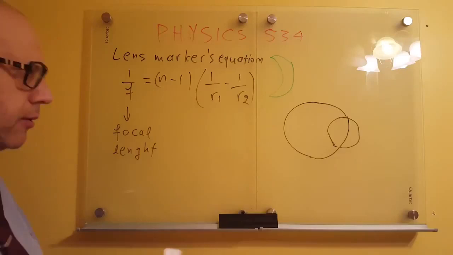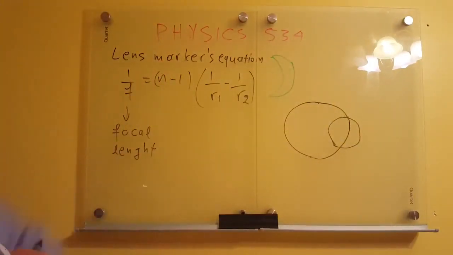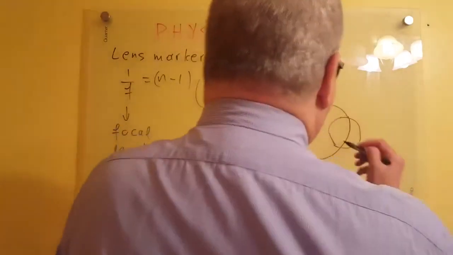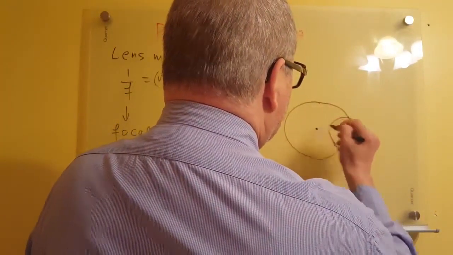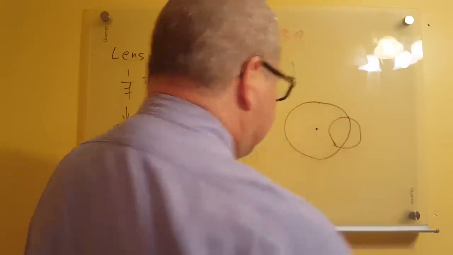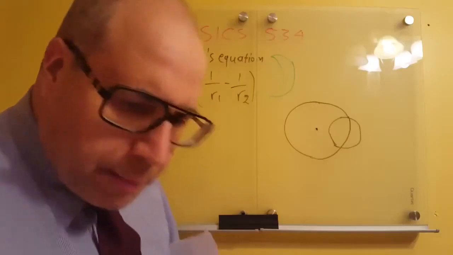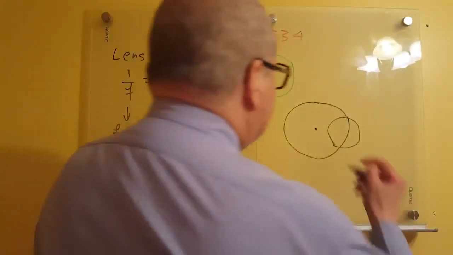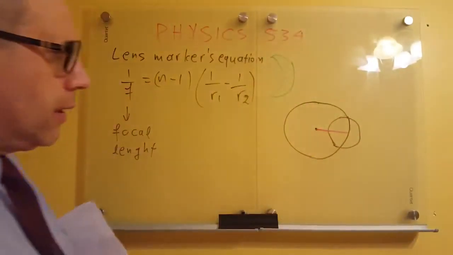Okay, so that's how you create this circle here. So now you see that the center of curvature of the bigger circle is here, and the radius of the bigger circle is this here, the red one.